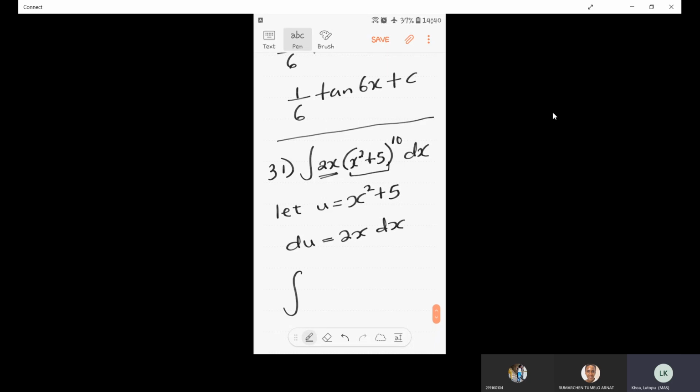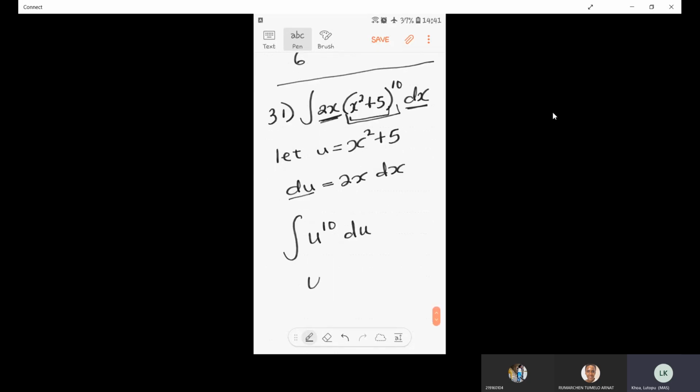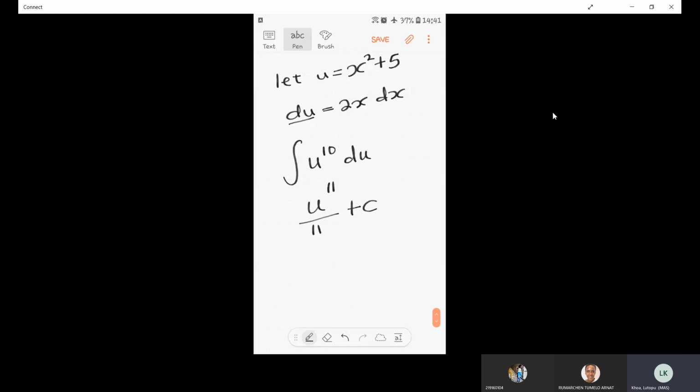So this will be the integral of u to the power of 10. This becomes my u, and then 2x dx is equal to du. So this is u to the power of 11 over 11 plus c. And then substitute u back.